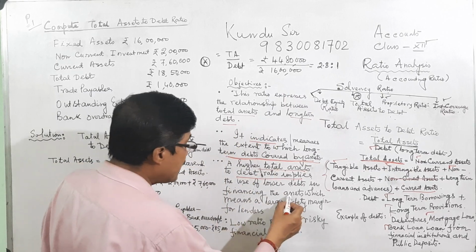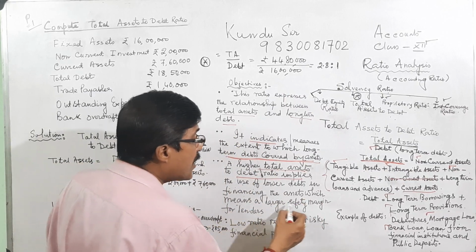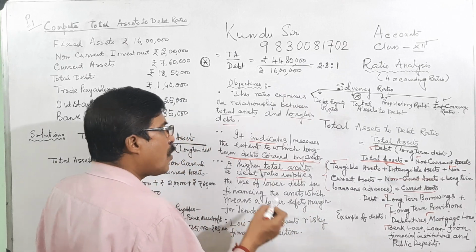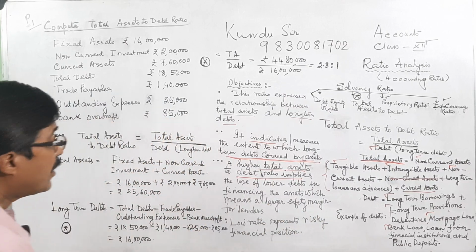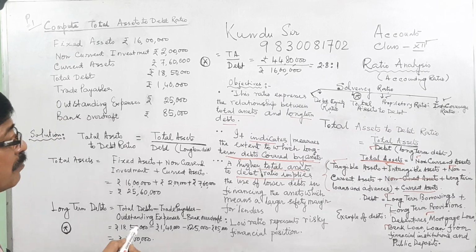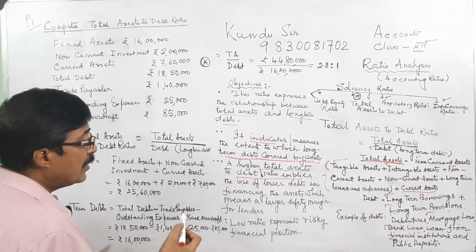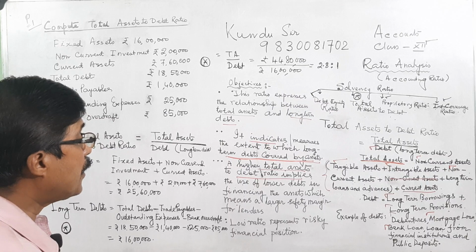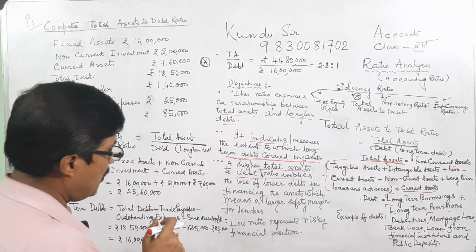That is, the asset which measures the long-term safety margin of the lender. That means the organization or company can easily cover the loan by fixed asset. Then a low ratio represents a risky financial position.